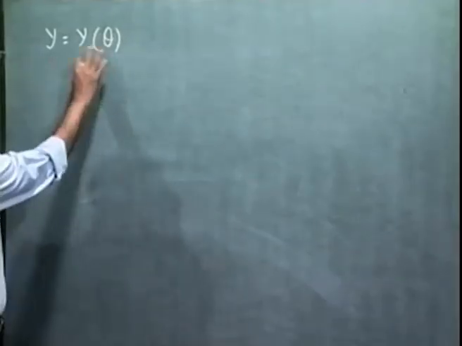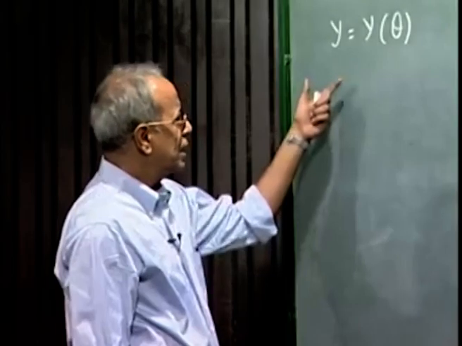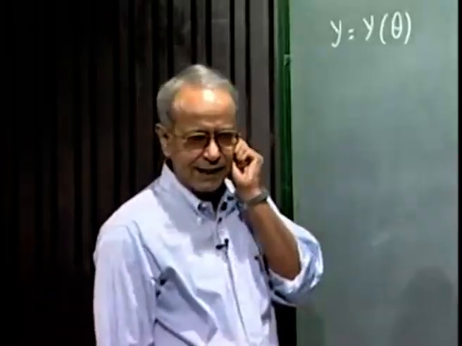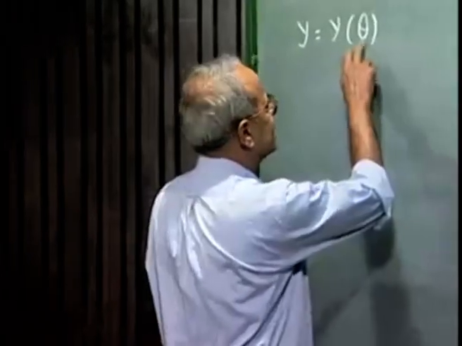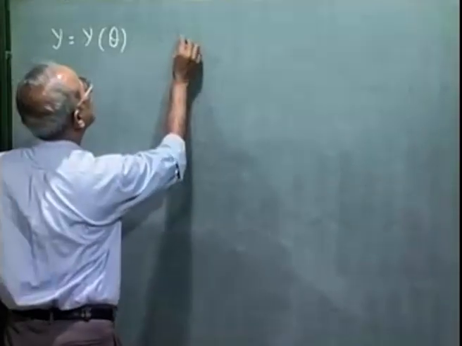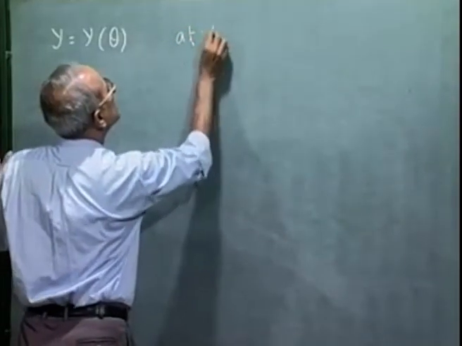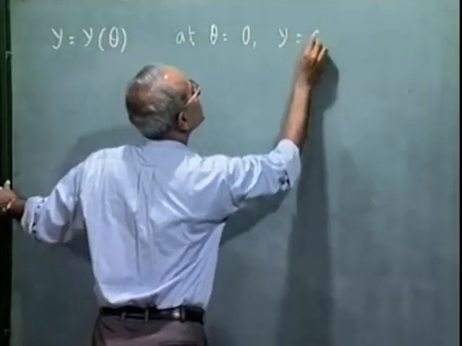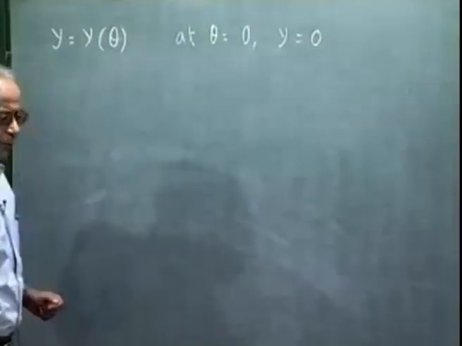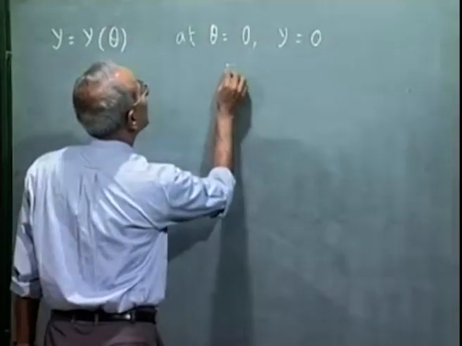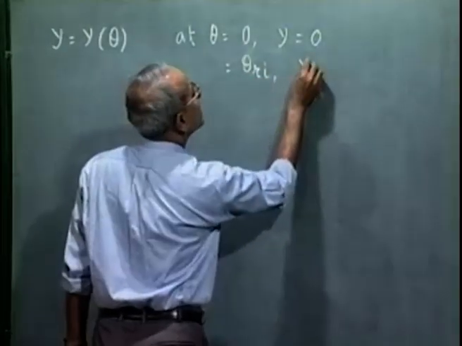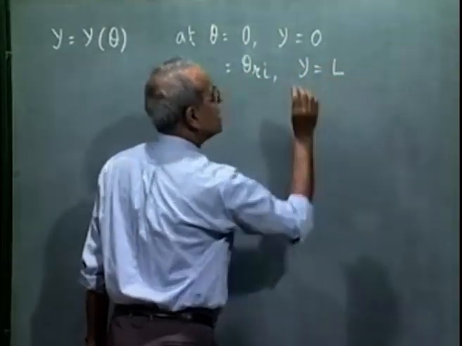It can be given either in this analytical form or in the form of a displacement diagram if we go for graphical synthesis. It is known that this theta is measured from the beginning of the rise, that is at theta equal to 0, displacement of the follower is also 0, and at theta equal to theta Ri, that is at the end of the rise, the displacement of the follower is the lift.